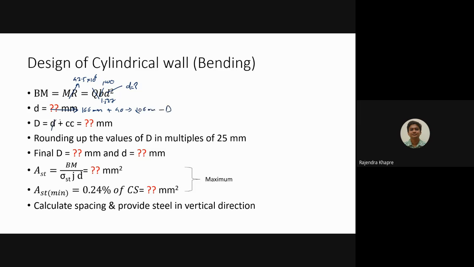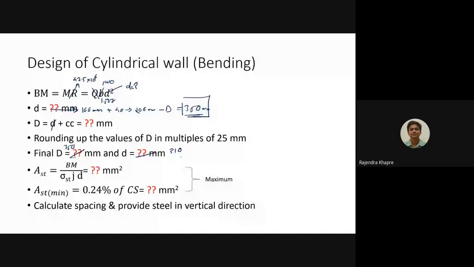How much actual depth have we provided? D is 350 mm. So this will be revised when you redo the calculation, but for the time being I am continuing this. The final value of D will be 350, and you can have the small d as 310.